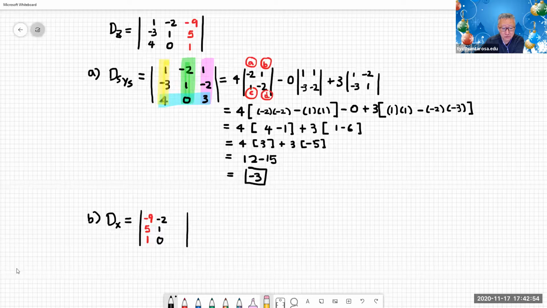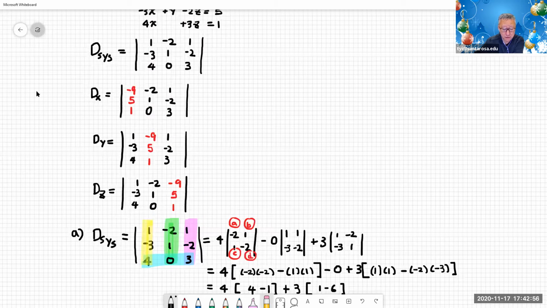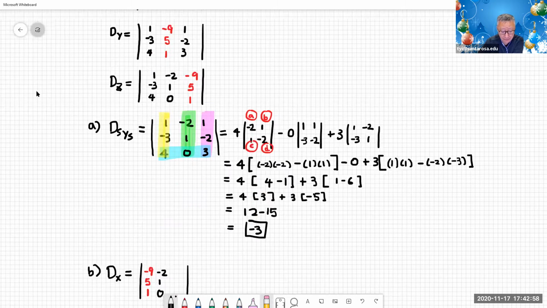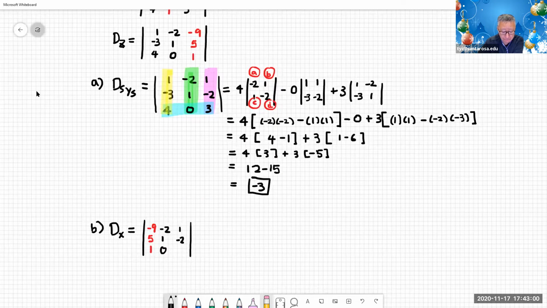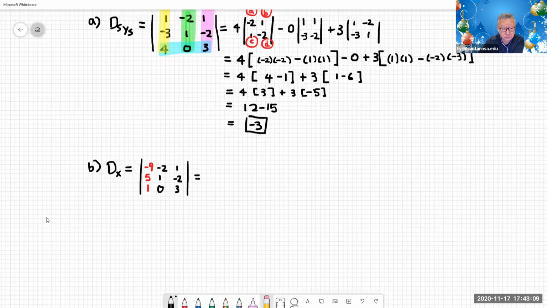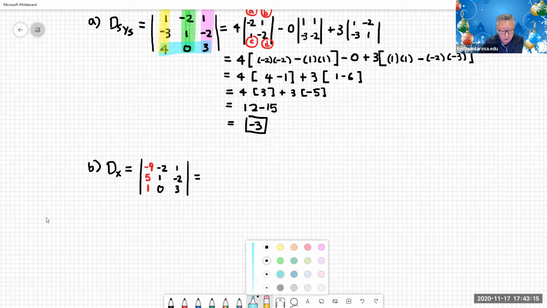And then the z column is going to be 1, minus 2, 3. All right. So we're going to have to find out which is going to be my pivot. I'm just going to use the same pivot that I used for the system, so that means I'm going to use the third row. Okay, so right here again.